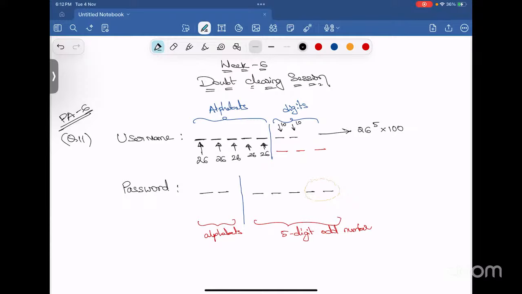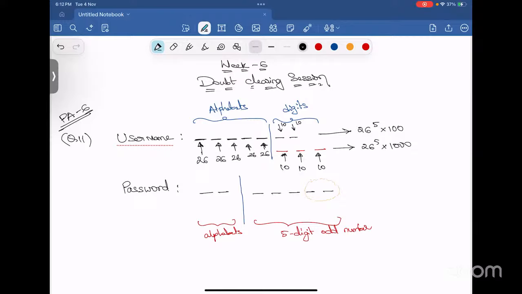If I choose 3 digits along with 5 letters, then it will have 26 power 5 into the 3-digit number, where each digit can take 10 possibilities, so I'll have 1000.